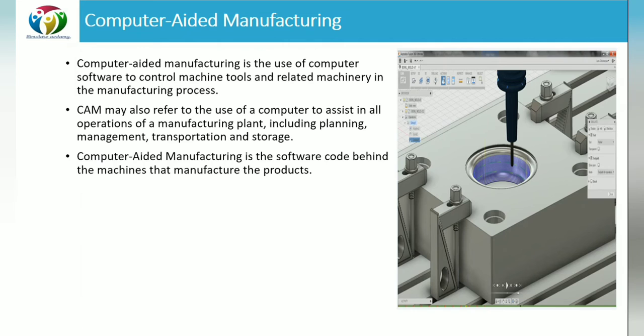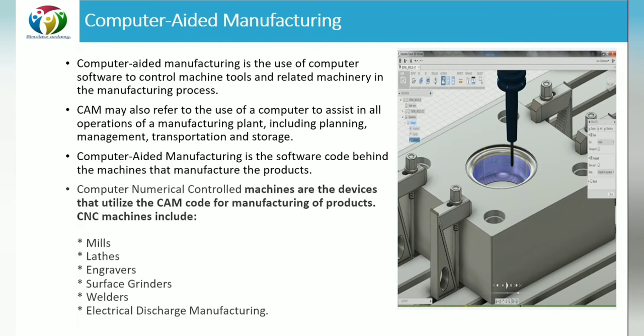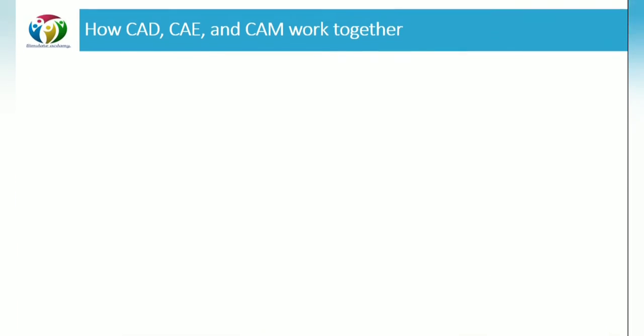Computer-aided manufacturing is the software code behind the machine that manufactures the product. Computer numerical controlled machines are the devices that utilize the CAM code for manufacturing of products. CNC machines include mills, lathes, engravers, surface grinders, welders, and electrical discharge machines.